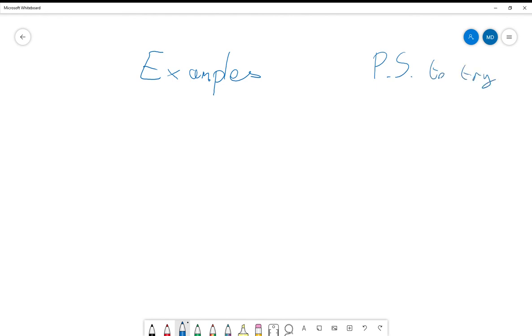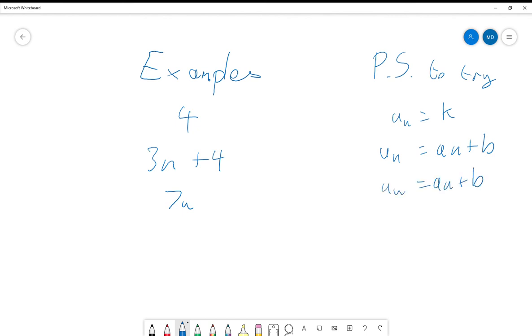So if you've got just some constant like 4, then you would try un equals k, just some constant. If you've got 3n plus 4, then you try un is equal to an plus b. Equally, if it was just, say, 7n, then again you would still use un is equal to an plus b.